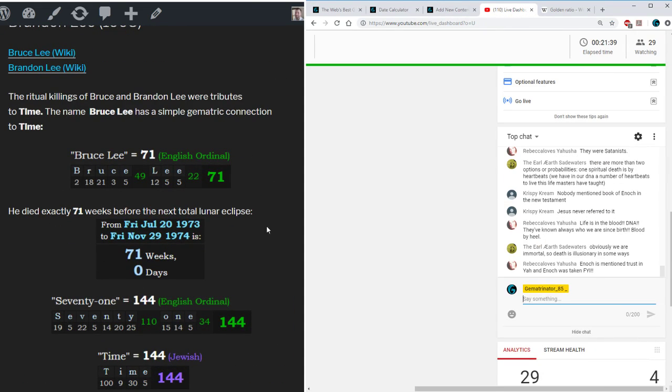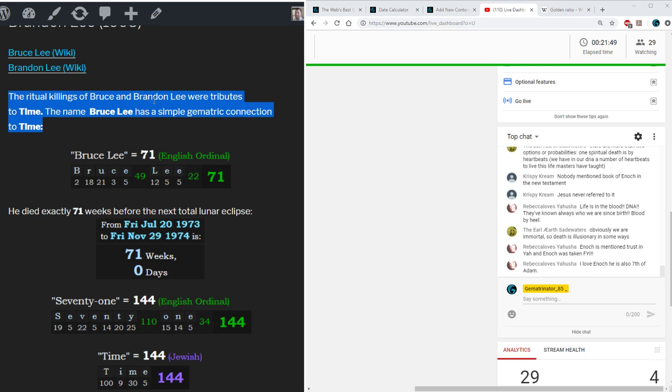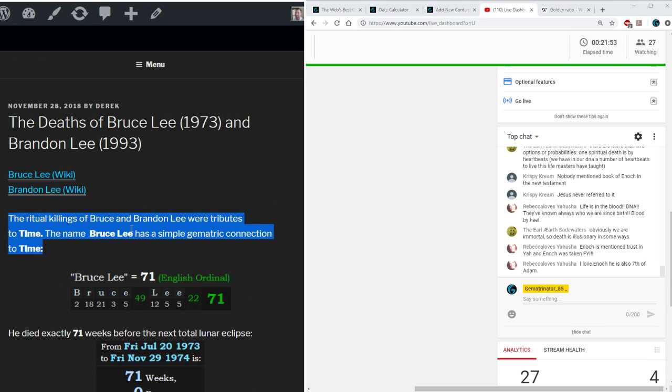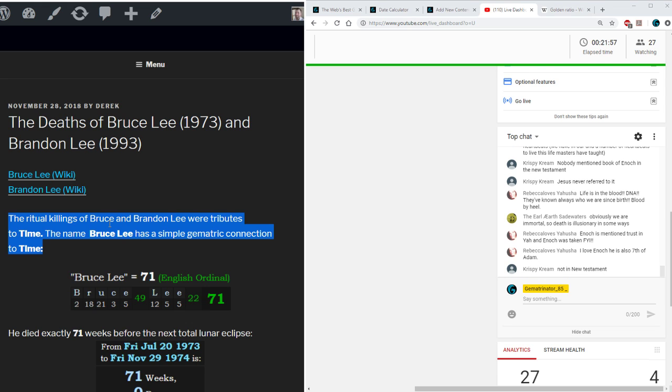So there you have it, everyone. An obvious ritual. Are we being toyed with? Are these people really dying? And if they are, how obvious is it that they're being murdered by the numbers? Bruce Lee was working on a film called Game of Death, or he was at least having a meeting about it the day he died.